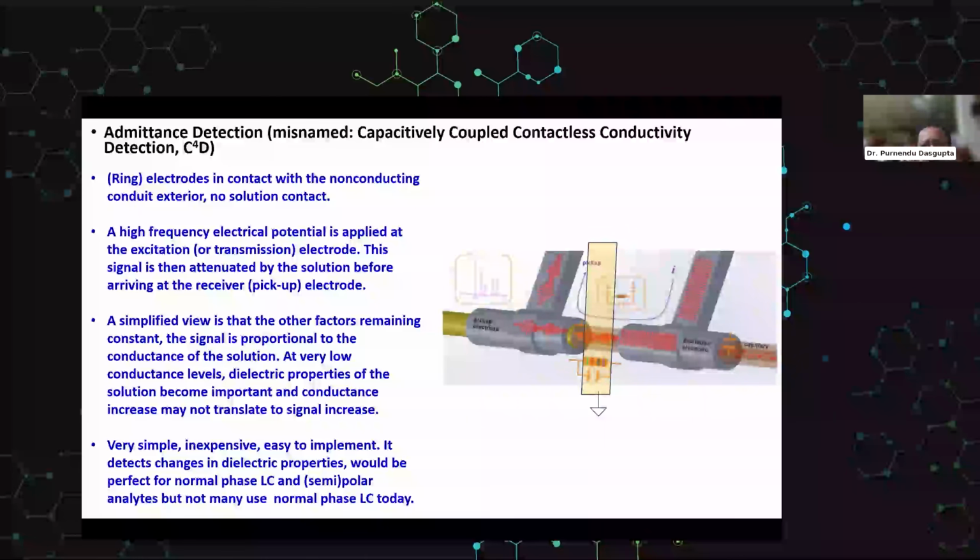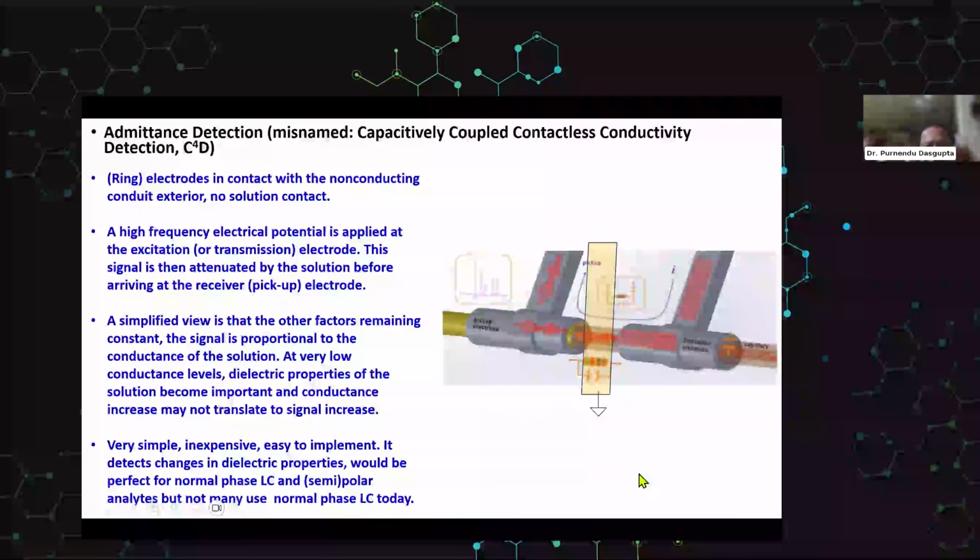The whole idea is that the only thing that changes when you are detecting is the solution. So it's the solution resistance that controls how much current is flowing. So it's a conductivity detector. Actually, it's not, because the solution is not just a resistor, the solution is also a capacitor.